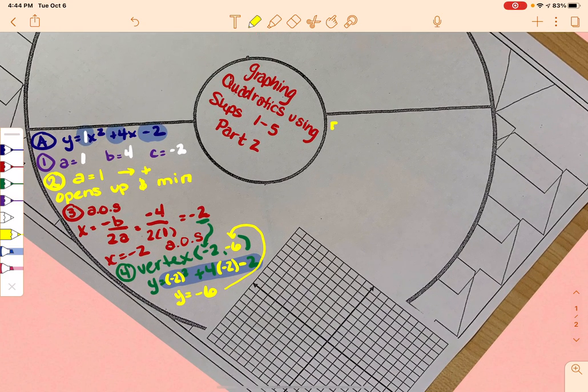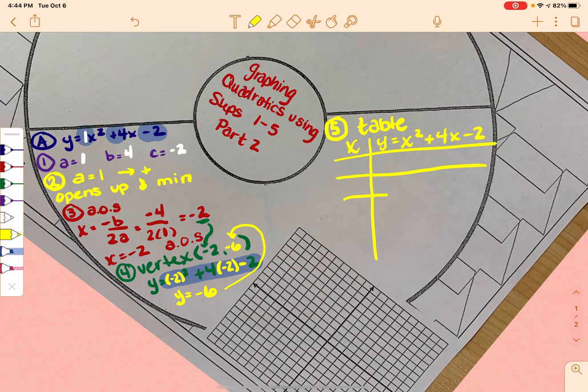Okay, so step 5, I'm going to make my table. So I start with x, y equals x squared plus 4x minus 2. And I want to have 5 spots in the table.